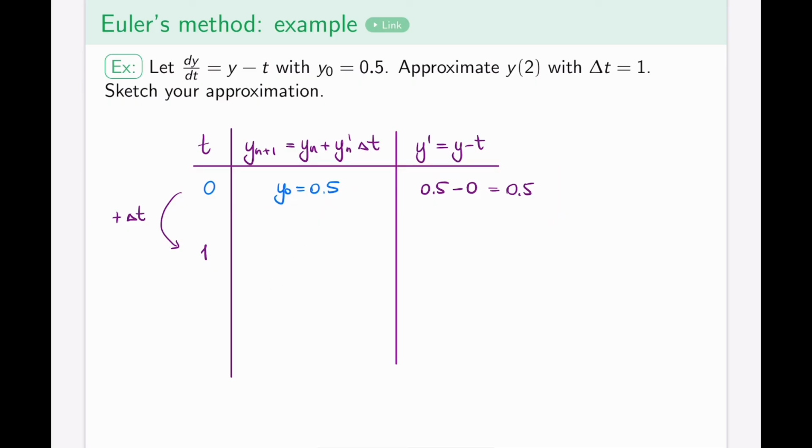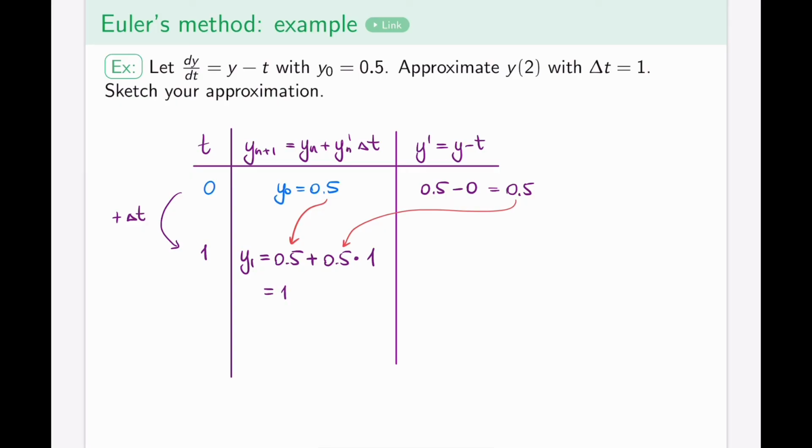So y1 is equal to yn, the previous y, which is 0.5, plus the previous slope value, which is 0.5, times the step size, which is 1. So this 0.5 from here, this 0.5 from here, and I have my new value for y1.